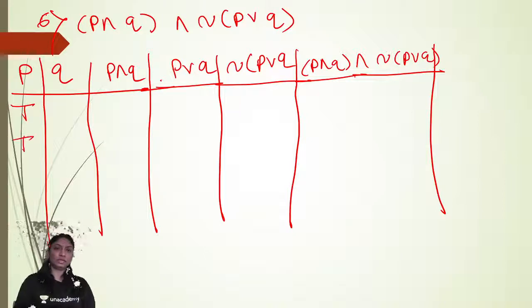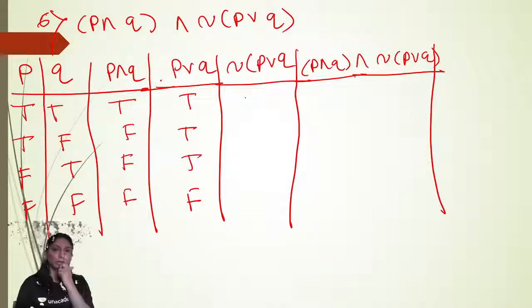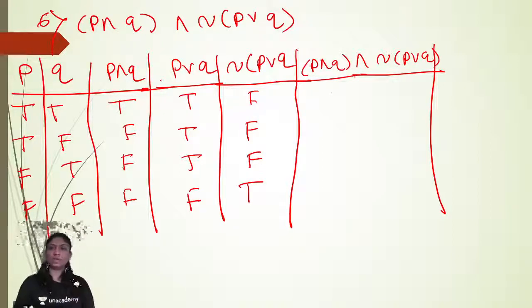So T, T, F, F, T, F, T, F. P and Q both are true, then true, otherwise it is false. Right? P or Q: both are true, then true. Any one of them is true, then true, otherwise it is false. Negation of P or Q: F, F, F. P and Q and negation of P or Q: false, false, false, false.